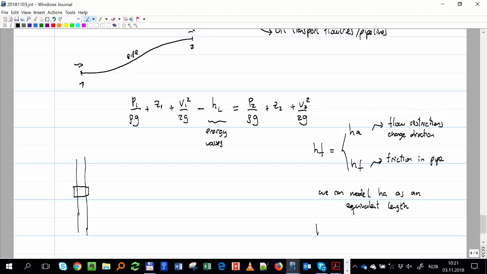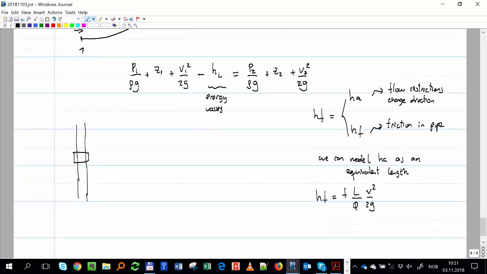And what is the expression for HF? Due to friction in pipe, friction factor times the length of the pipe divided by the diameter, V squared over 2G, right? Where F is the friction factor.